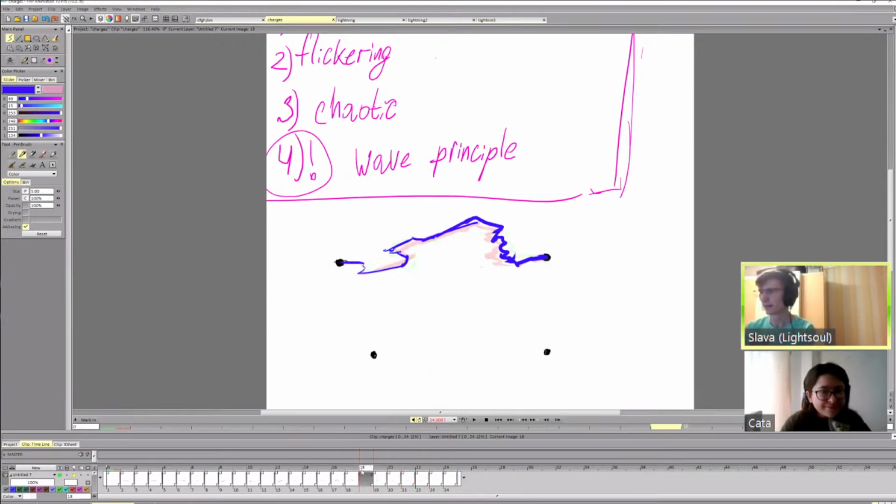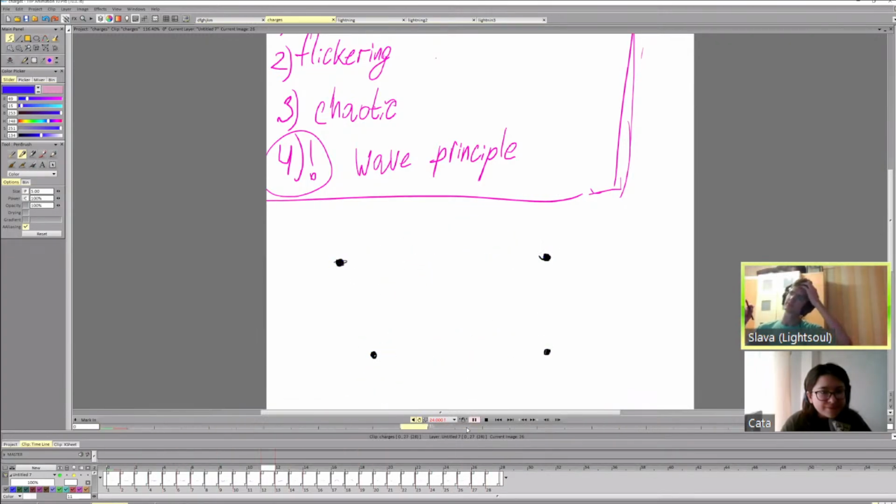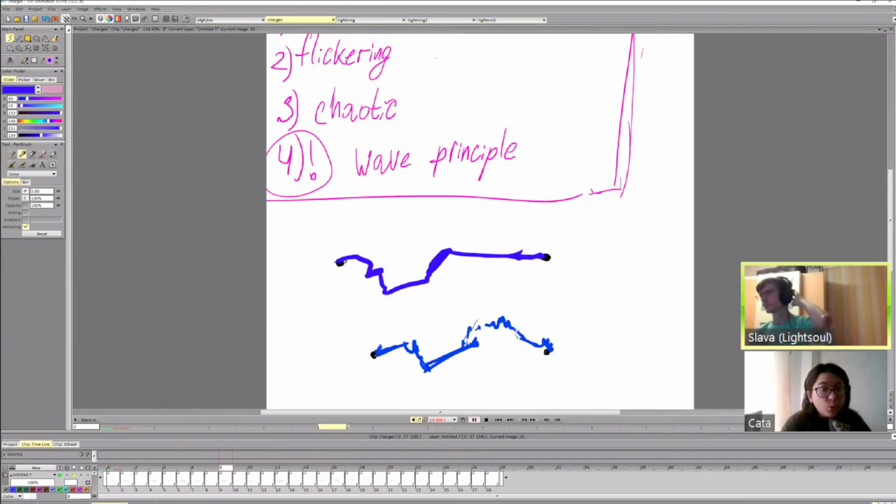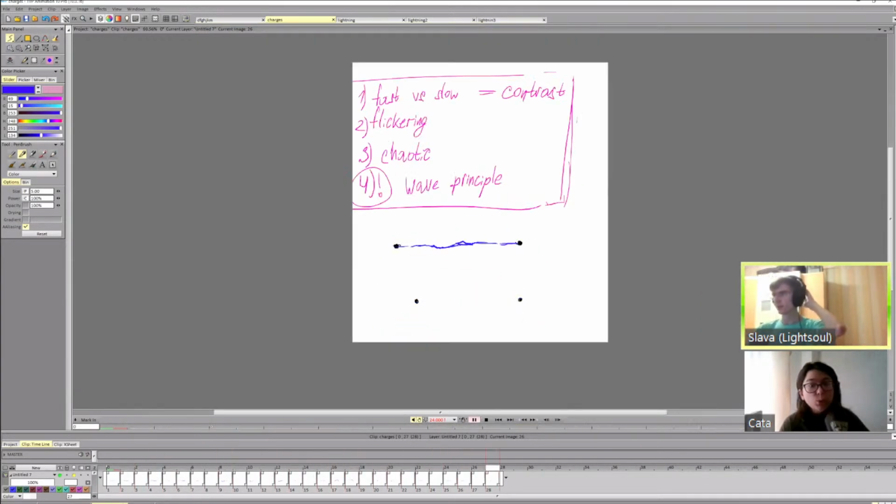And then let's skip a couple of frames. So this is a tiny bit more controlled. Maybe a bit too flickering still.